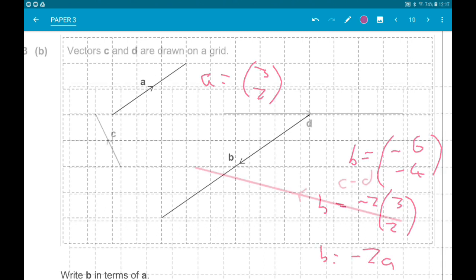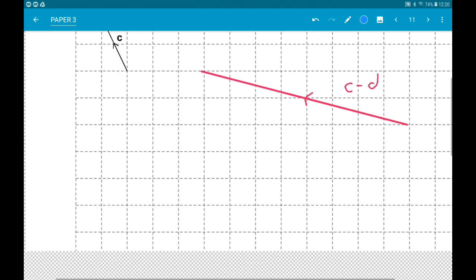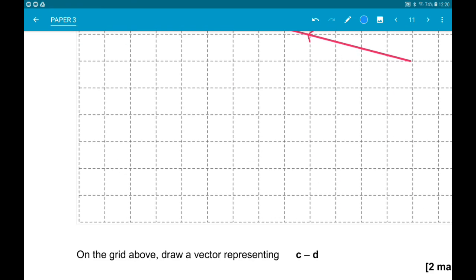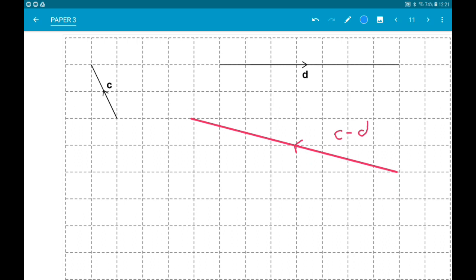Okay, then for part B, we have vectors C and D drawn on a grid, and we want to, on the grid, draw the vector representing C minus D. So, vector C is taking us 1 left and 2 up. So C is (-1, 2). D is taking us 7 right, so D is (7, 0).